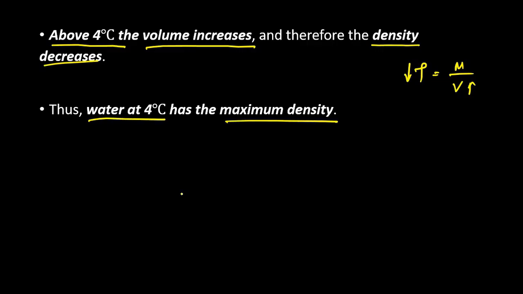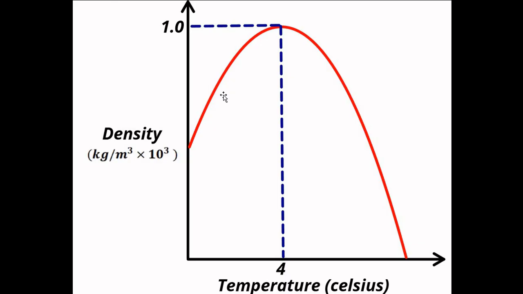Because water at 4 degrees Celsius has minimum volume. That's why maximum density, because density is inversely proportional to volume. So same thing here, maximum density at 4 degrees Celsius and then it is decreasing on either side.